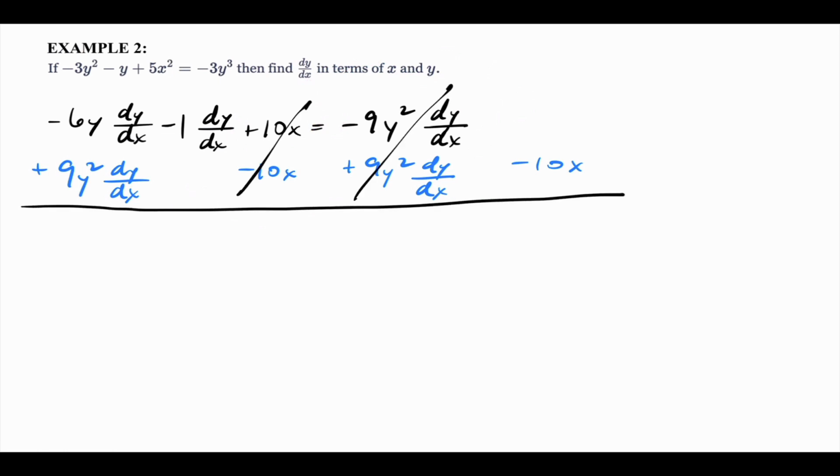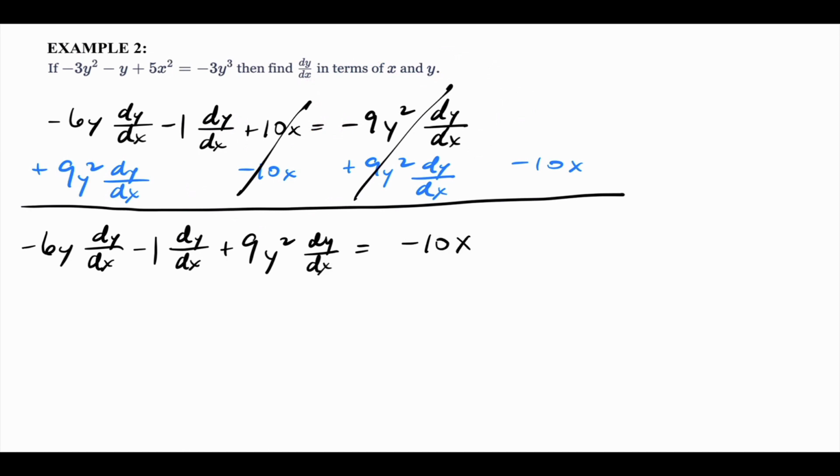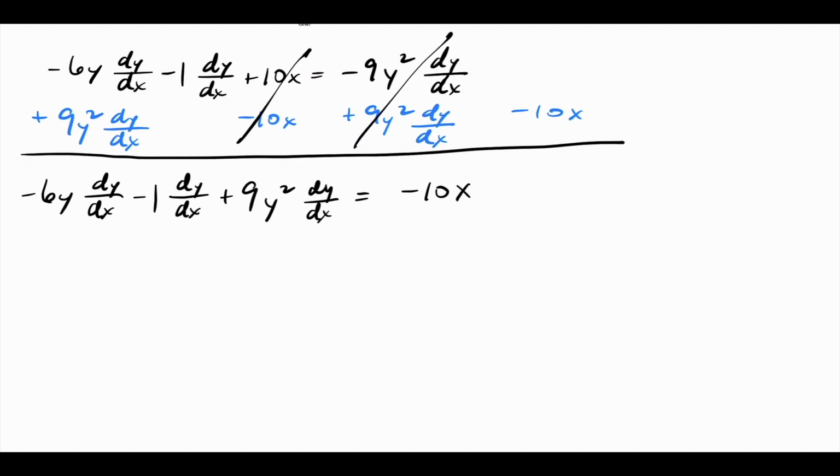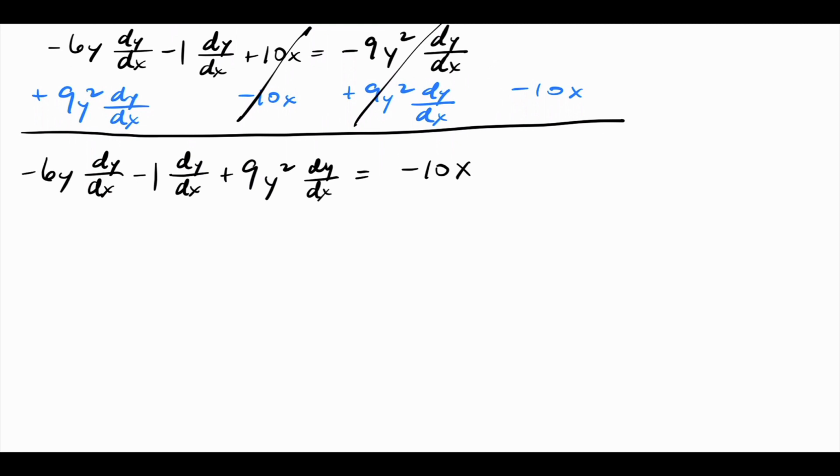Those go away. So I have negative 6y dy dx minus 1 dy dx plus the new guy, 9y squared dy dx equals negative 10x. Okay, so now I got to get dy dx by itself. Factor it out.